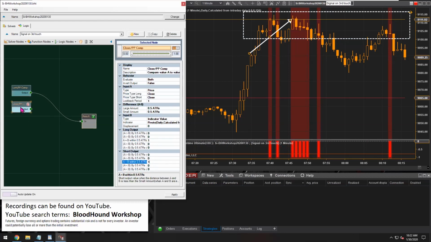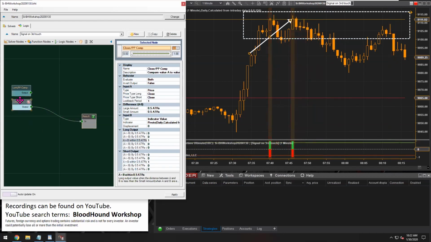All right, there we go. So we have two solvers, both exactly the same, with the exception that one solver is using the closing price and the other solver is using the low or high of the bar.